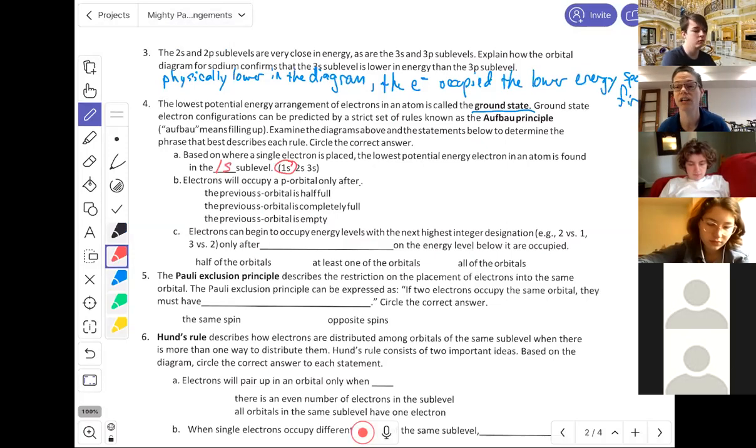Every single electron configuration or orbital diagram always starts with 1s. And then you're only going to go up to a p after which of those things? A half-filled s, a completely filled s, or an empty s?